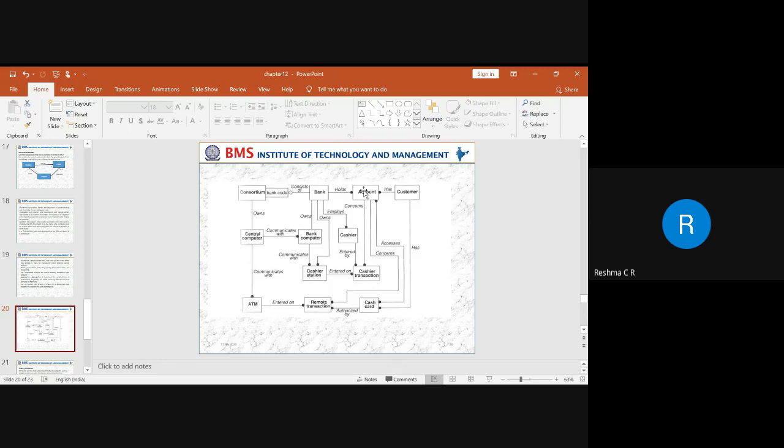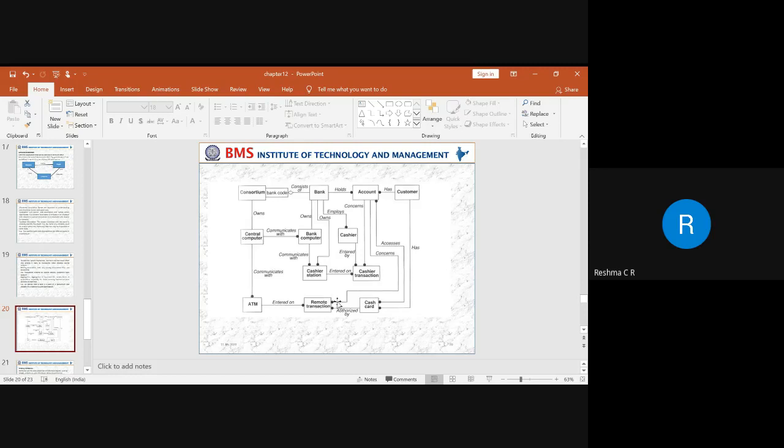Next, the account should have a concern with respect to the remote transaction. Since an ATM is made up of a particular network, whatever account mapping has to happen has to be remotely managed. This account should have a cashier transaction, so whatever transaction has been made will be entered to the cashier station.